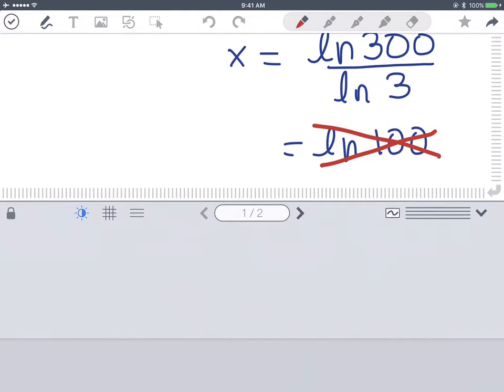There's no way the natural log of 300 divided by the natural log of 3 would be the same as dividing 300 by 3. No. You have to do the natural log of 300 first, and then divide that answer by the natural log of 3.